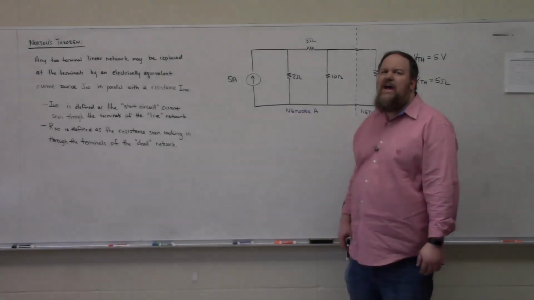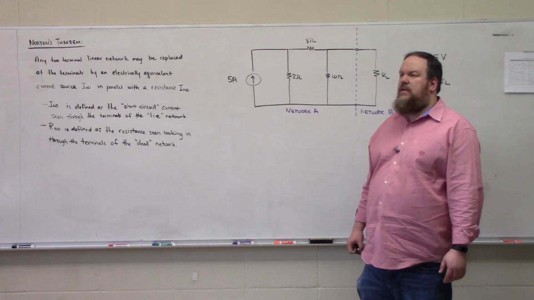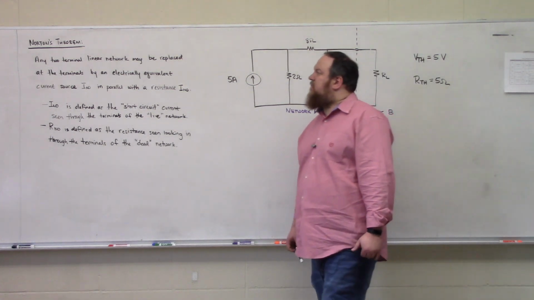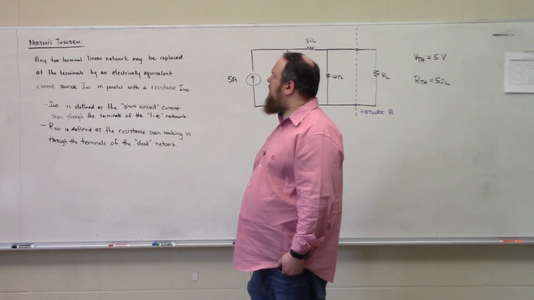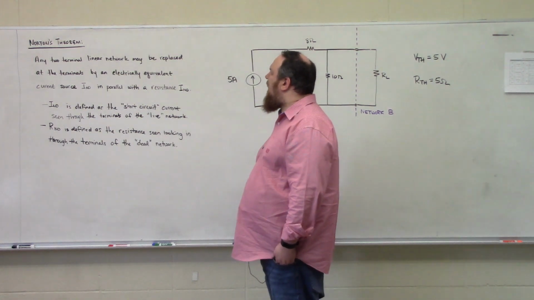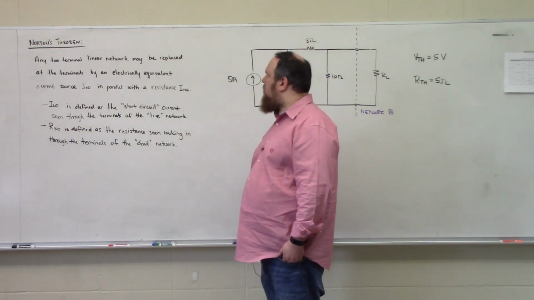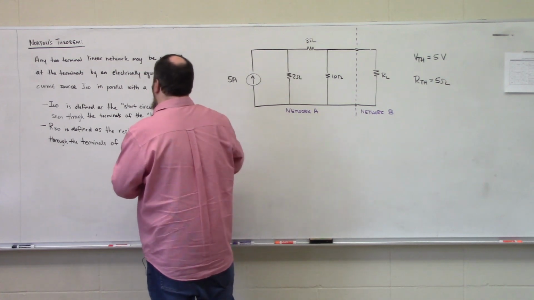Now we're going to talk about how to determine the Norton equivalent circuit for an electrical network. Norton's theorem states that any two-terminal linear network may be replaced at the terminals by an electrically equivalent current source, INO, in parallel with a resistance, RNO.